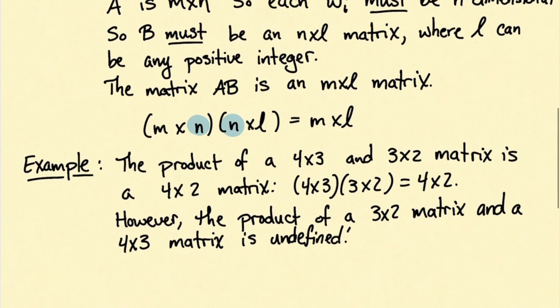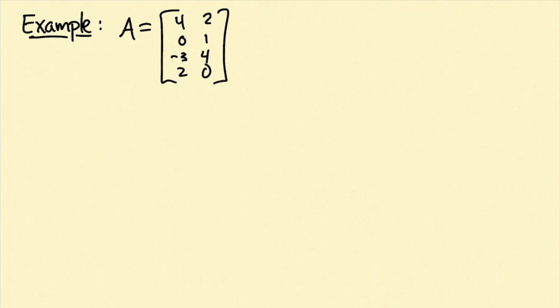So to get a feel for how we would actually carry out such a multiplication, let's consider an example. So consider the matrix A with columns 4, 0, minus 3, 2, and 2, 1, 4, 0, and the matrix B with columns minus 2, 1, and 3, 2, and 0, minus 2.